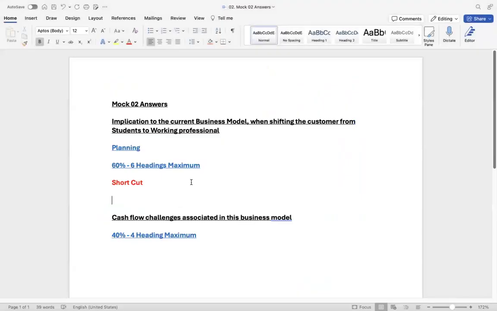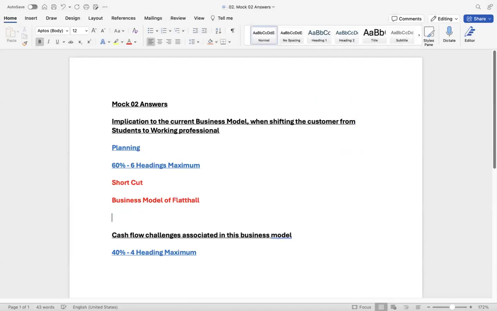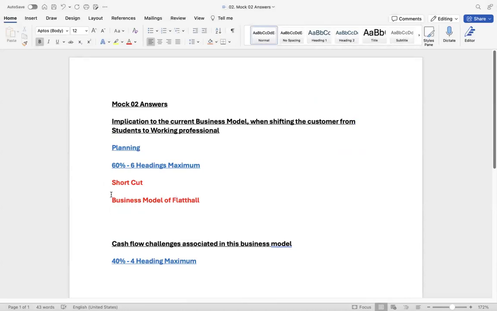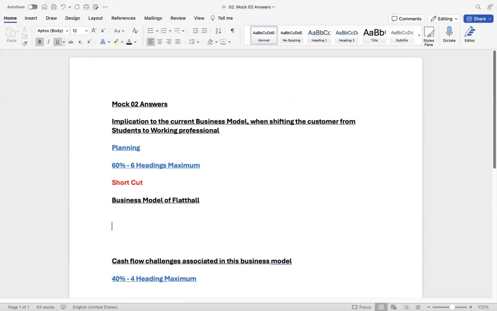You can use that. And students, if you observe, I'll write down here, business model of FlattHall, then a basic introduction. Generally, introduction is not needed, but just to make sure the answer is examiner friendly, I'll write it down. Then defining value for FlattHall.